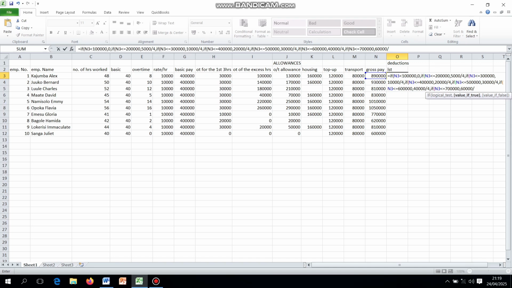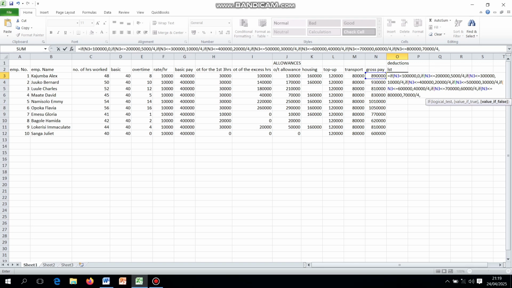So that one we shall divide by 4, put our comma, we shall continue. IF, open our bracket, our gross pay is less or equal to 800,000, put a comma, the rate which was given is 70,000. So we shall divide that by 4, put our comma.